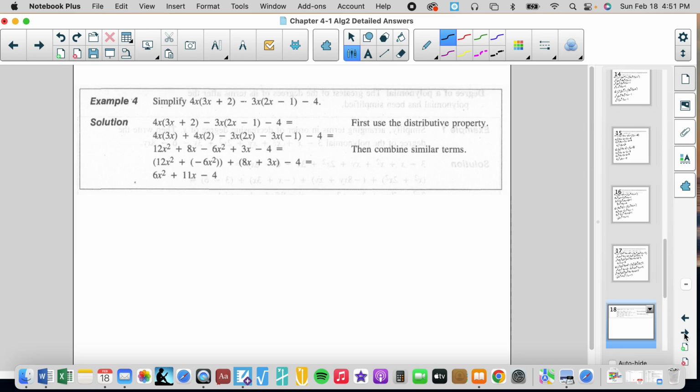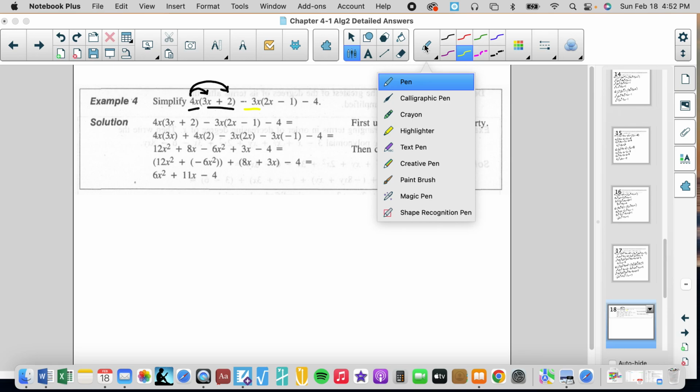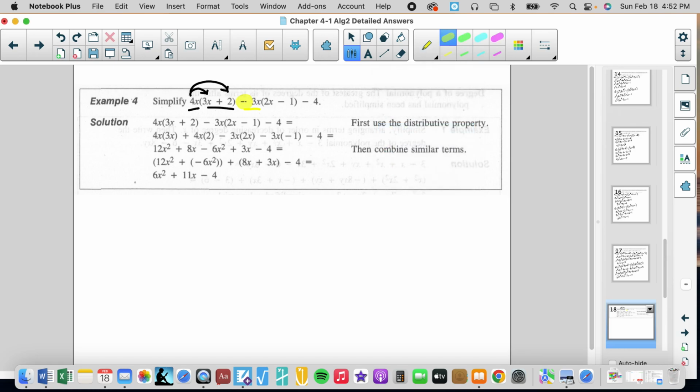Okay, this is just multi-stepped. So we see that we have a monomial times a binomial. We can't combine those because those are unlike terms. So that's why we have to simplify through distribution. Something important with this one, we're going to distribute the negative 3x to both of these terms.